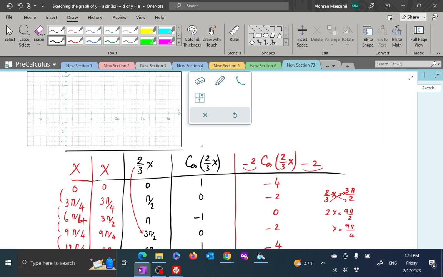So that's my minus 4 now. 0 and minus 4. So I'm going to do the same thing we have been doing all along.